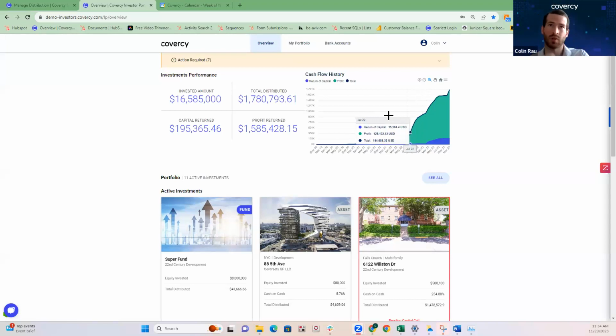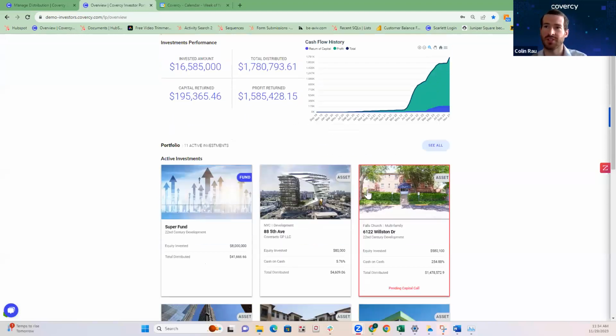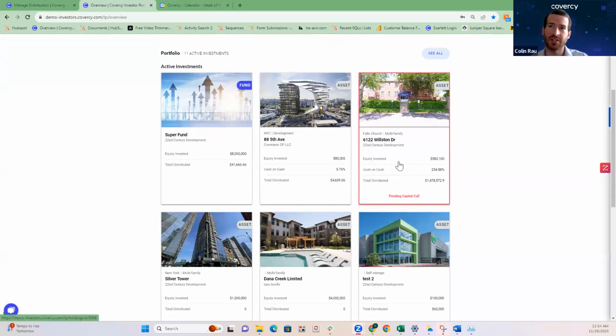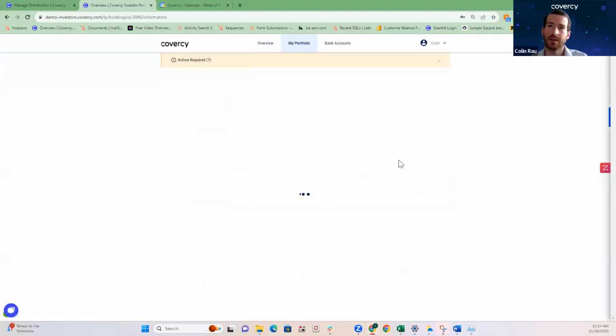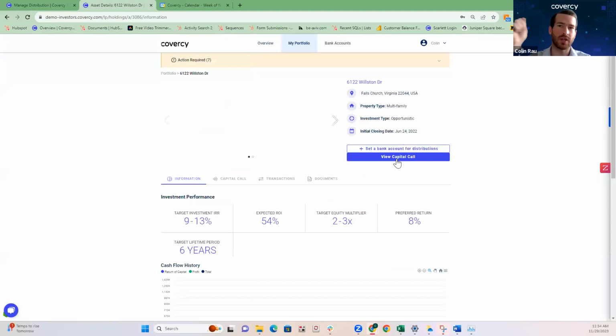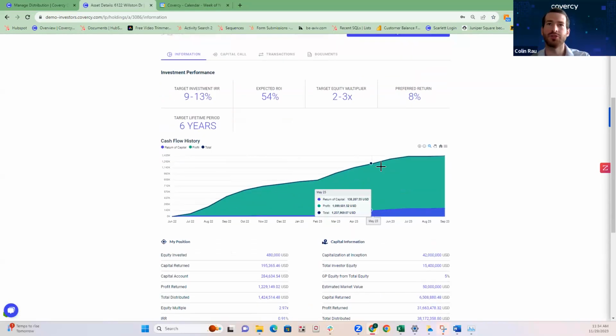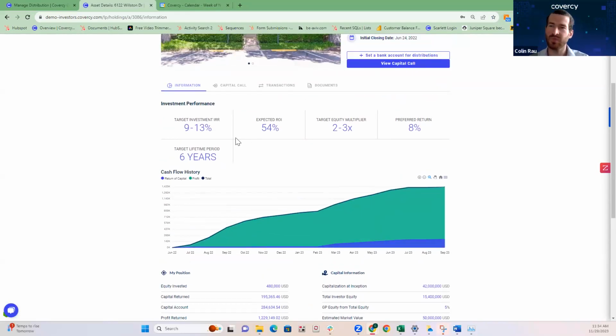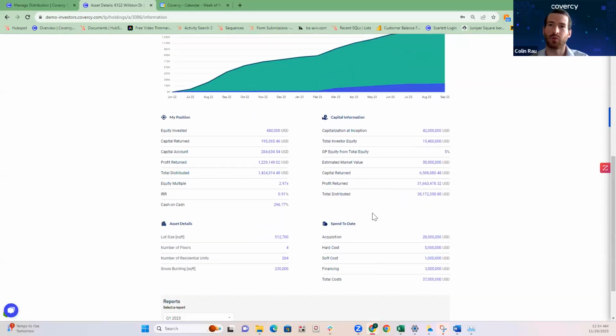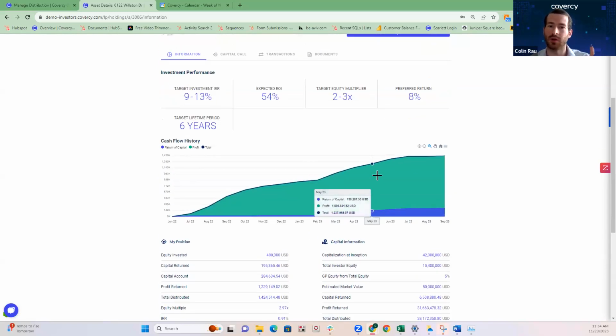So we're looking at an example of an investor portal now, where on a super high level I can see across all my deals my cash flows, my distributions, my profits. But within any given deal, as soon as we click that button and make that distribution, ignoring some of the project-level details here, we're going to see that all of our cash flow adjusts instantly.